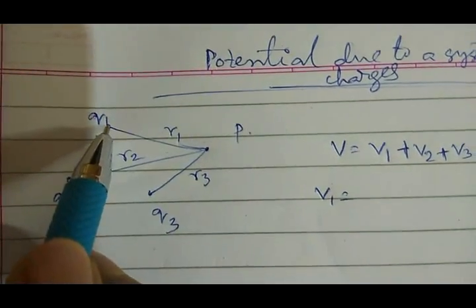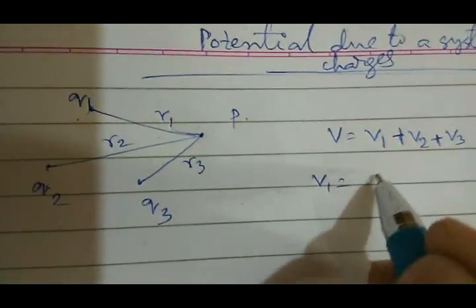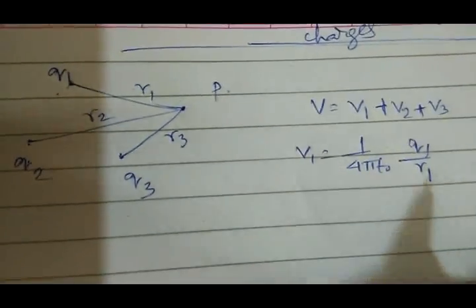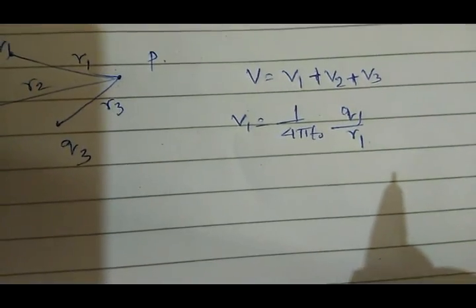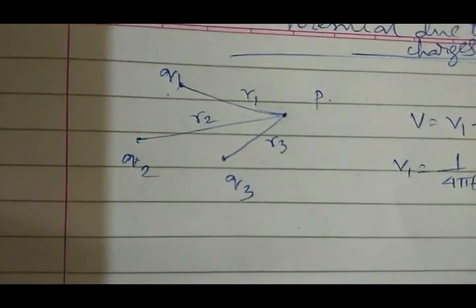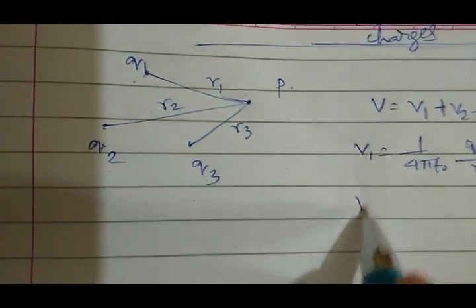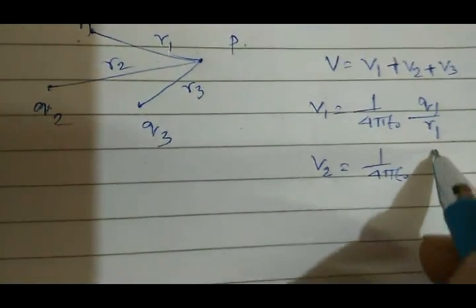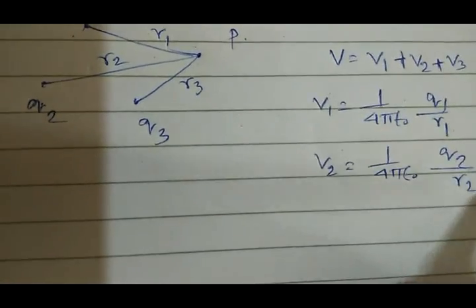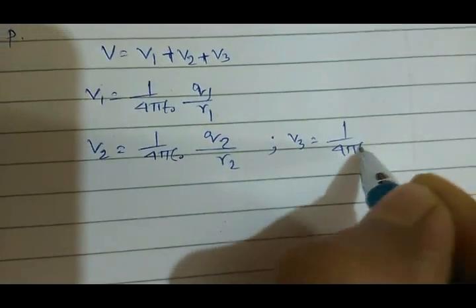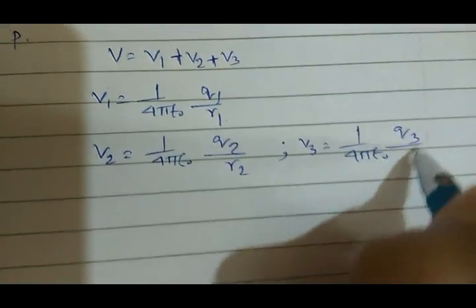So due to this charge Q1, the potential at P will be V1 equals 1 by 4 pi epsilon naught Q1 by R1. In a similar way, the potential at P due to Q2 will be V2 equals 1 by 4 pi epsilon naught Q2 by R2, and similarly V3 will be equal to 1 by 4 pi epsilon naught Q3 by R3, which is due to charge Q3.